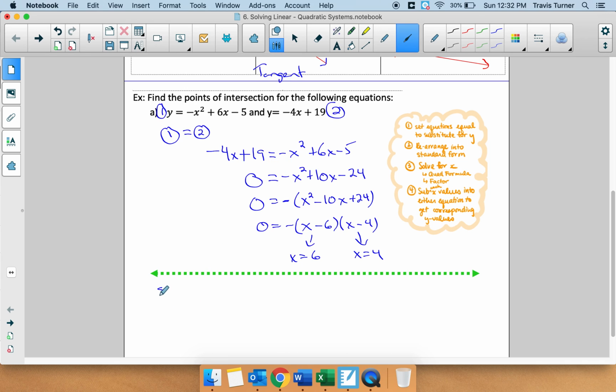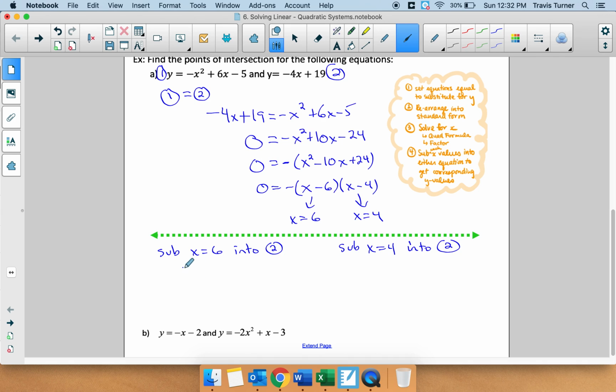So I'm going to sub x equals 6 into the straight line equation, which is generally easier. Then I'm also going to sub x equals 4 separately into the same equation. Again, you could sub it into either and you should get the same answer.